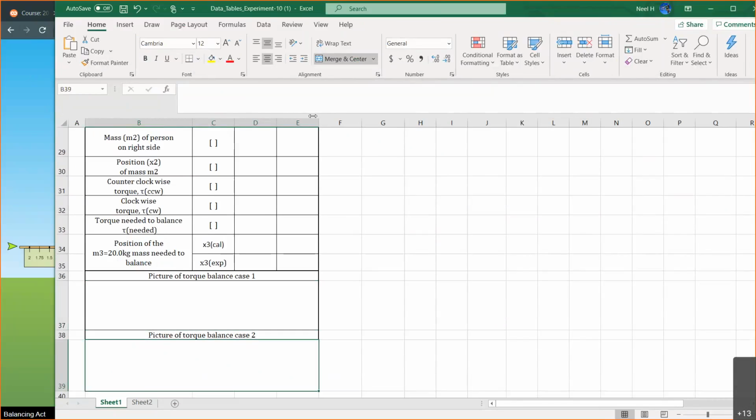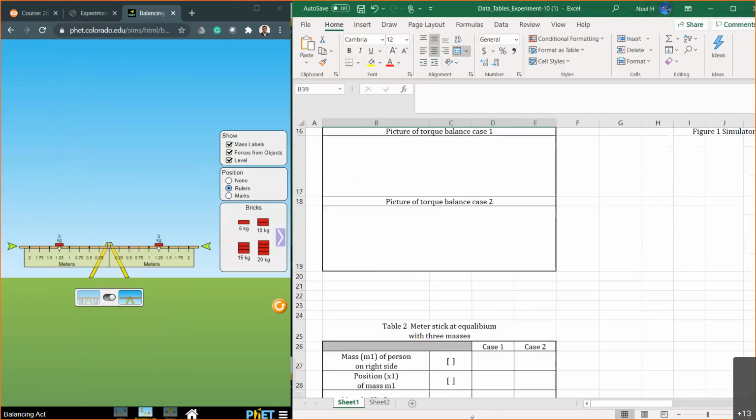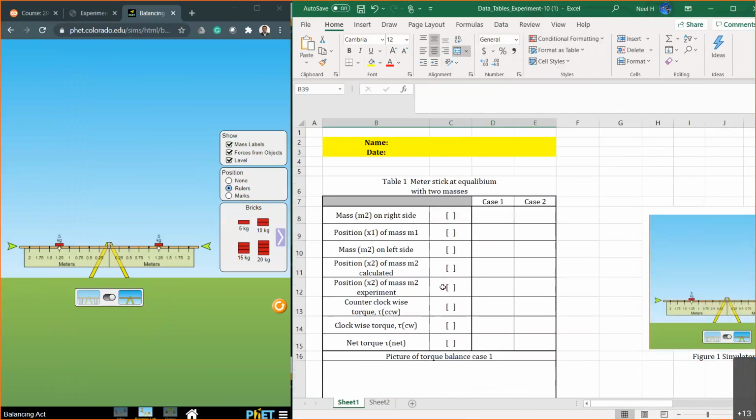Let's take a look at part 1. In part 1, what we try to understand is the equilibrium condition of the object using the concept of torque. To do that, we'll use one mass on the right hand side, then bring another mass to try to balance it. If I can balance it, I can understand how the torque behaves.